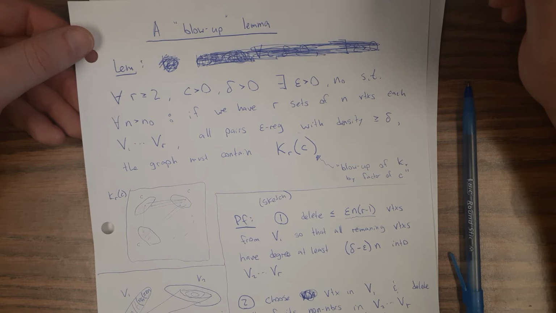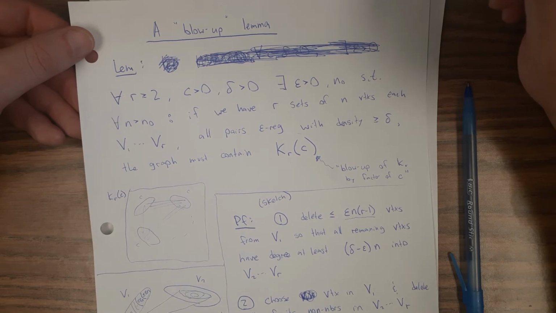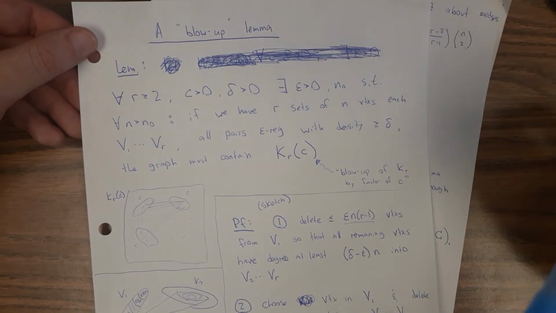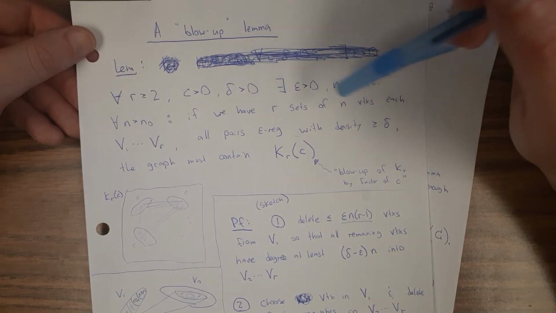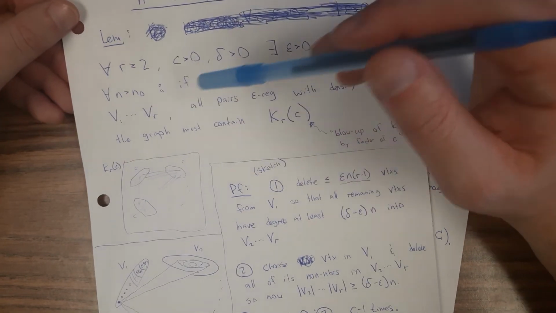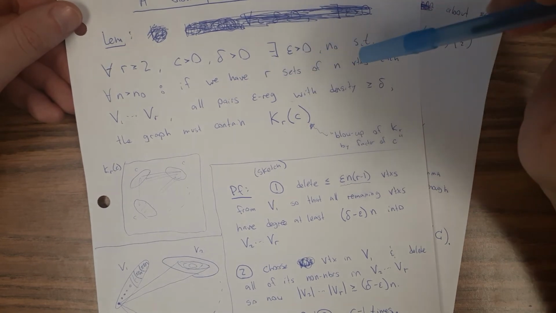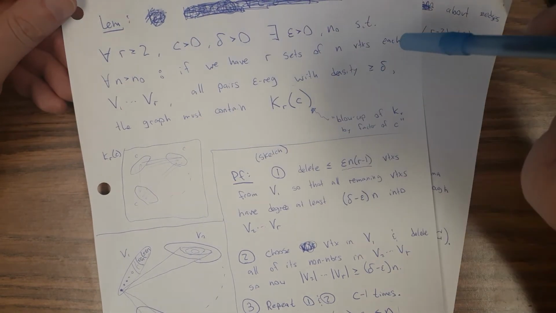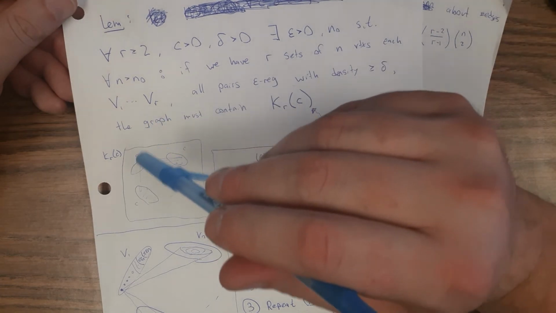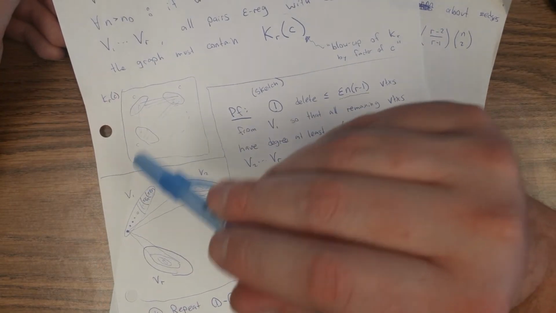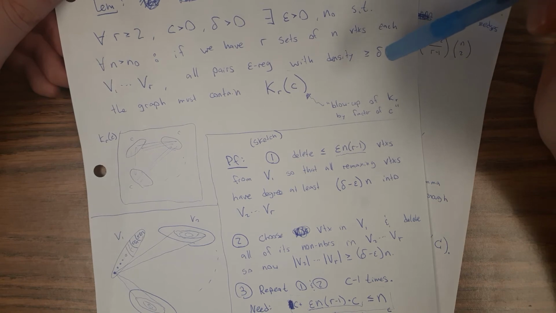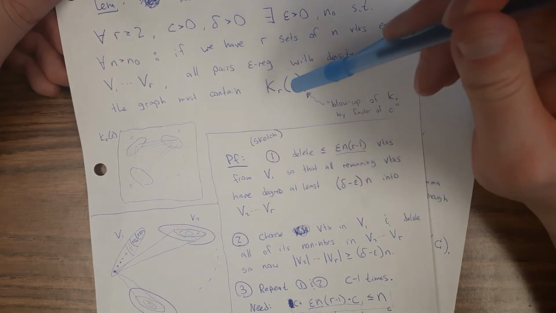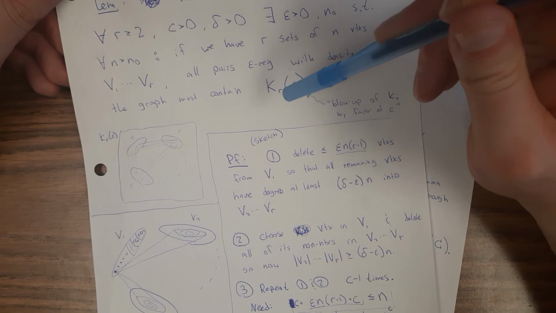For all r greater than or equal to 2, for all c greater than 0, delta greater than 0, there exists an epsilon, such that for n sufficiently large, if we have r sets of n vertices each, so we have like V1 through Vr, and all of the pairs are epsilon regular with density at least delta, then that graph must contain a K_r of c.